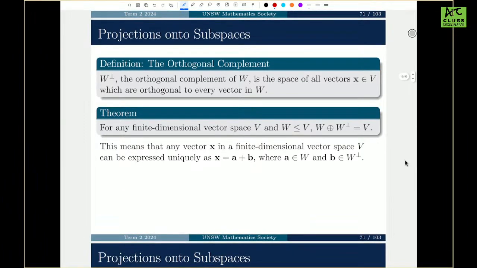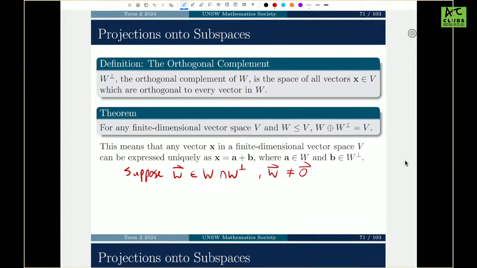And if you don't believe me that the sum's direct, let's just suppose it's not direct, which means that the intersection is non-zero. So we'll say let w be in the intersection of W and W perpendicular, where w is non-trivial. It's not just the zero vector.